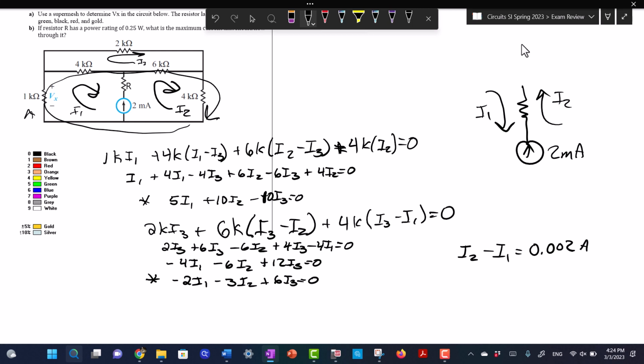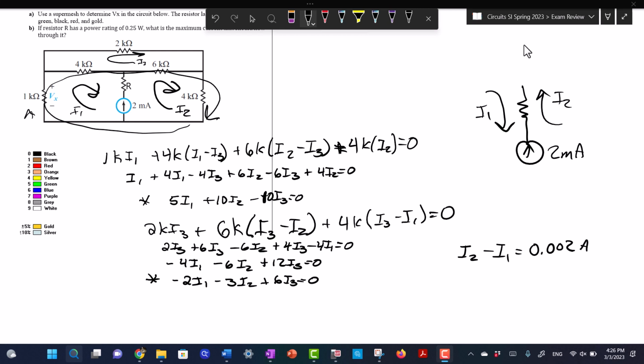So, because I2 is going in the same direction as the 2, that's why you said it's positive? Mm-hmm. So I'm just saying that. Couldn't be I1 minus I2, that wouldn't work. Now this is my third equation.